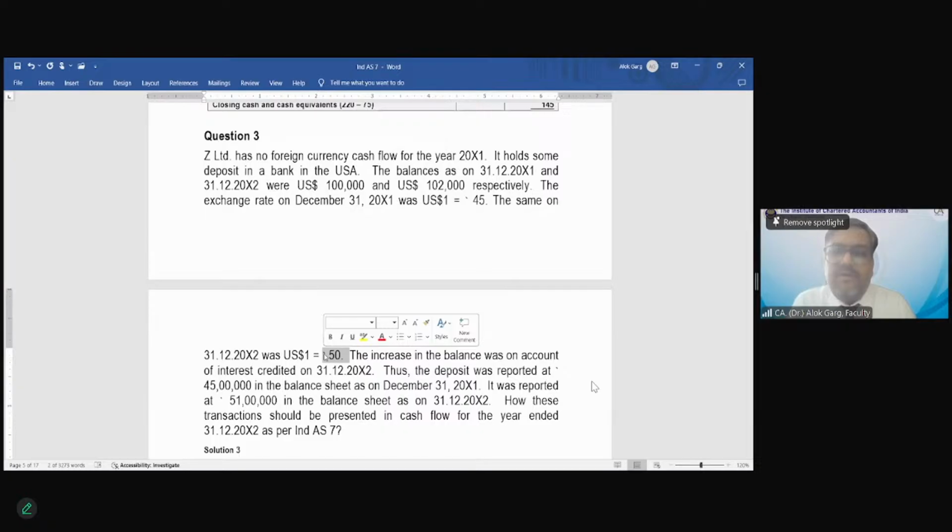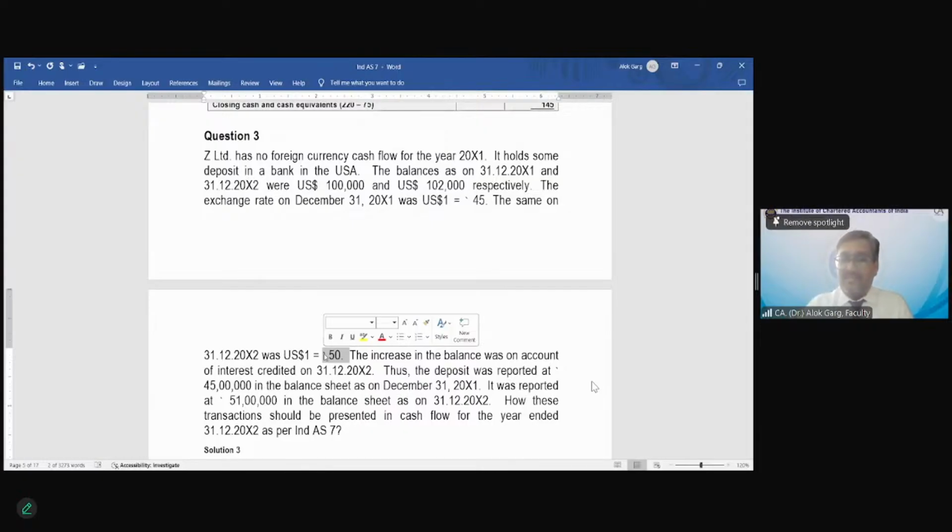Do you think that this entire 6 lakh increase is a cash increase? No, it is an exchange movement. Your dollar balance was 1 lakh and 1 lakh 2,000 only.